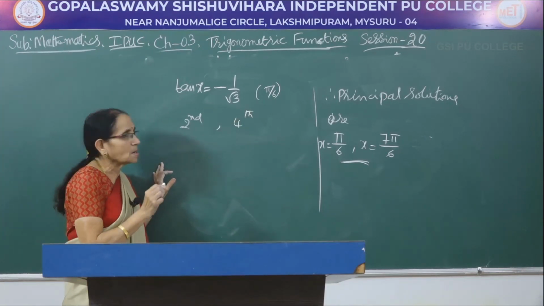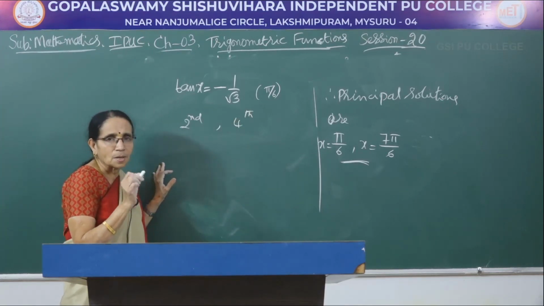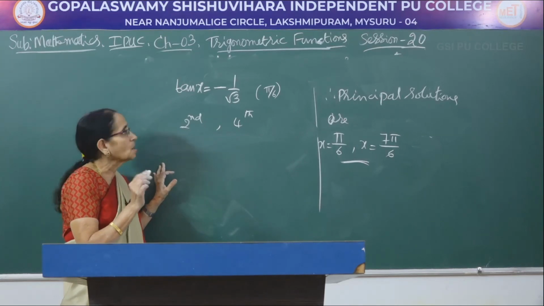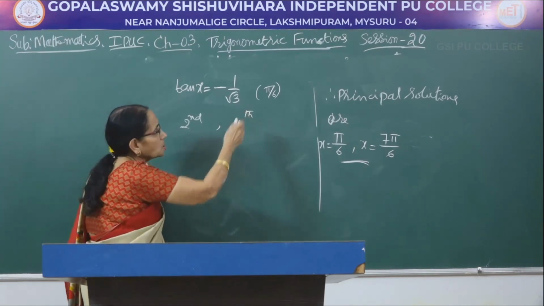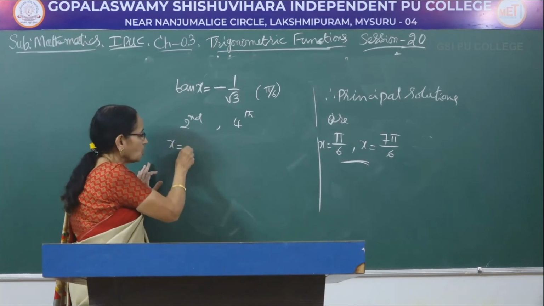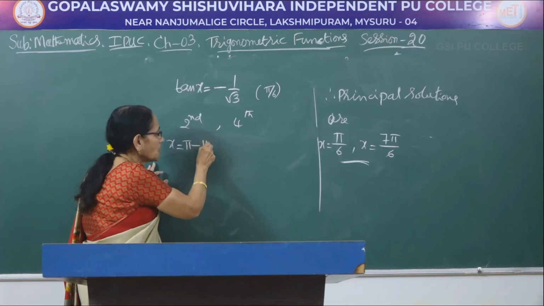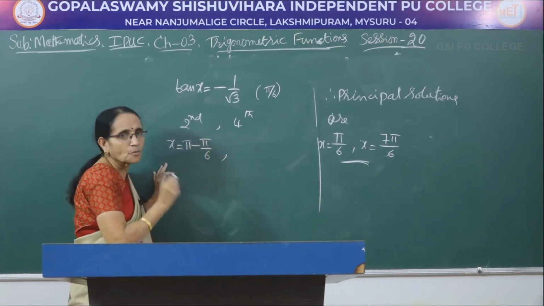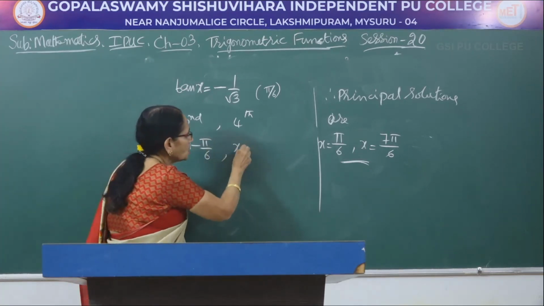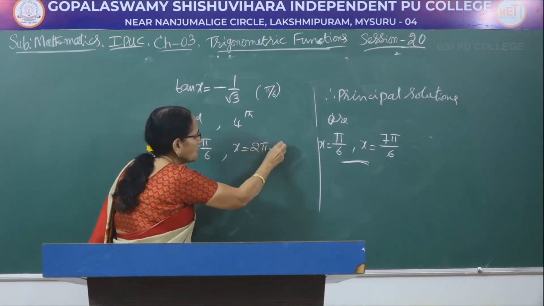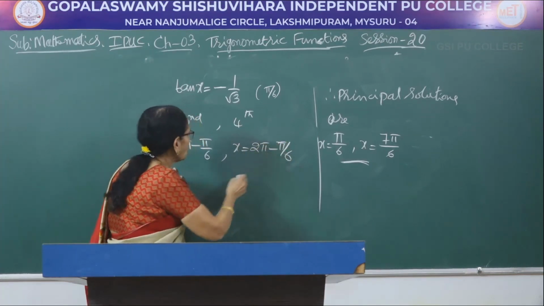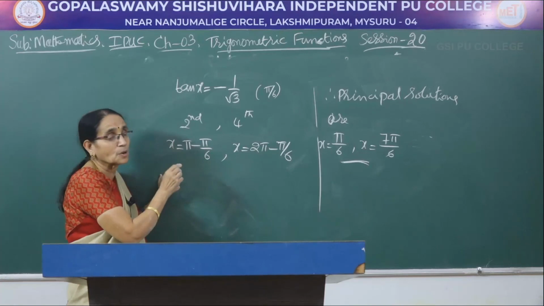We know that tan x is negative in the second and the fourth quadrants, and the corresponding value is pi by 6. Therefore, x is equal to, second means it is pi minus pi by 6. Fourth quadrant means 2 pi minus pi by 6. So always it is minus only for the tan function.